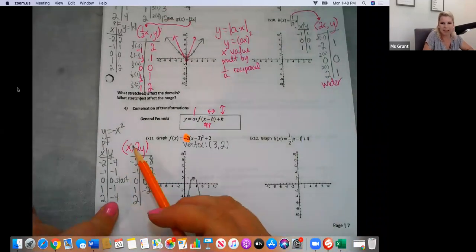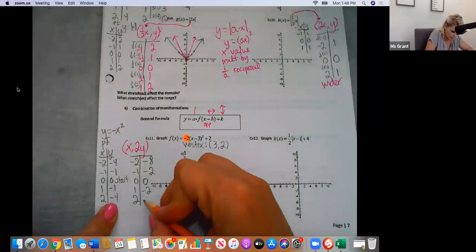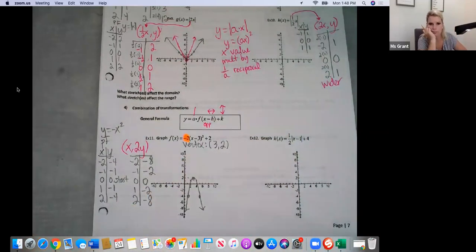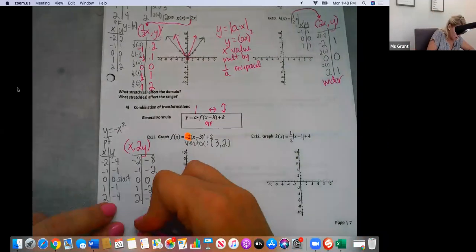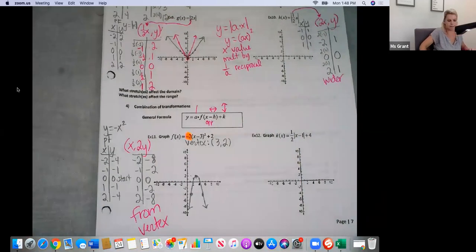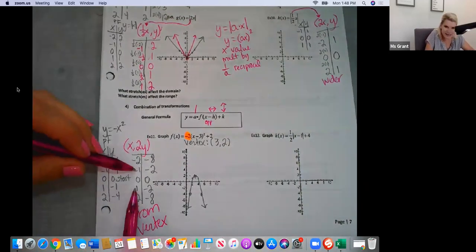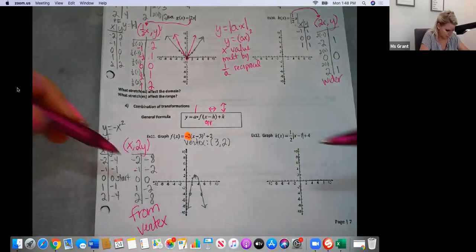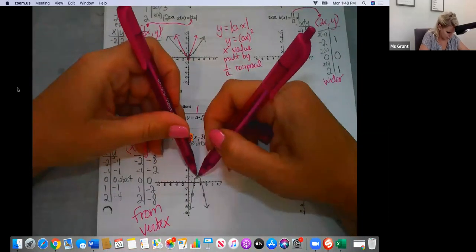Negative 4 value times this 2, negative 8. So, ready? From your vertex, you're going to make your movements 1 in either direction, 2 down. 1 in either direction, 2 down. Here we go. 1 in either direction and 2 down.